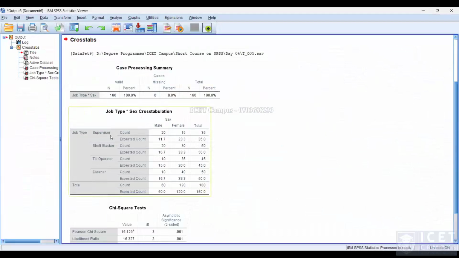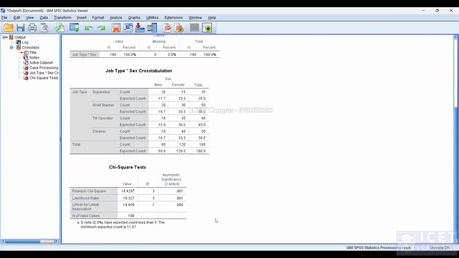Here the expected count is also calculated, right? So we need this one. The Pearson chi-square test value is 0.001. Then it means that is less than 0.05. So how are we writing it? Here we need to calculate job type and sex.